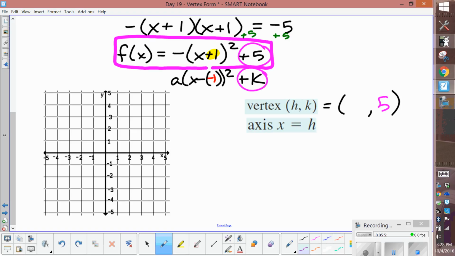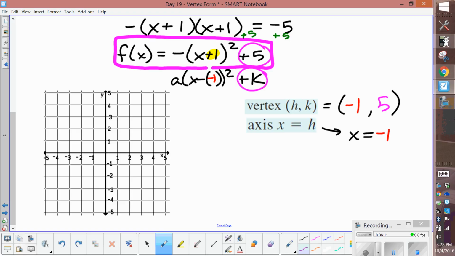And that makes my x value. And again, it's kind of opposite of what you'd expect when we're doing horizontal shifts. It says x plus 1. Normally that's to the right, but we're going to go to the left instead. And that also gives me my axis, x equals negative 1, or line of symmetry.